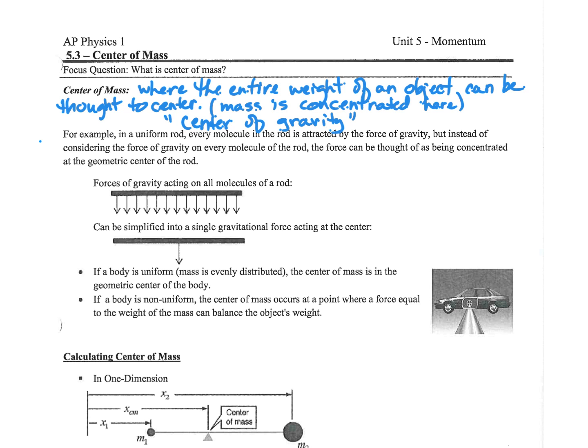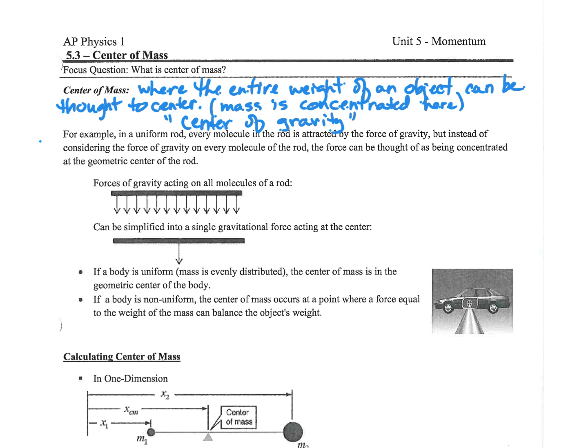So now, if we have a uniform rod, we know every molecule in the rod is attracted by the force of gravity. But instead of having to consider every individual molecule and center of gravity on each individual molecule, we can treat the entire thing as though it's acting at one place, and that would be its center of mass or center of gravity.